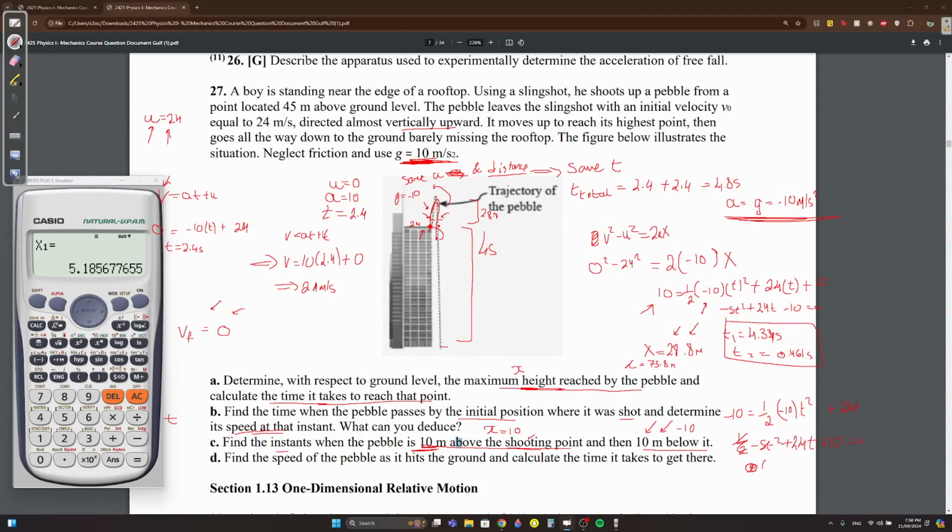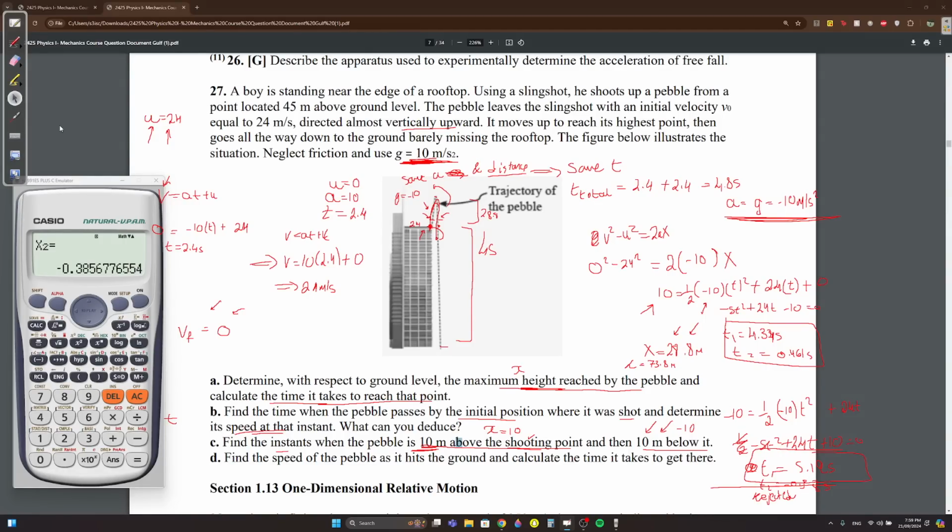So t1 equals 5.19 seconds, or t2 is minus 0.385. This is rejected.